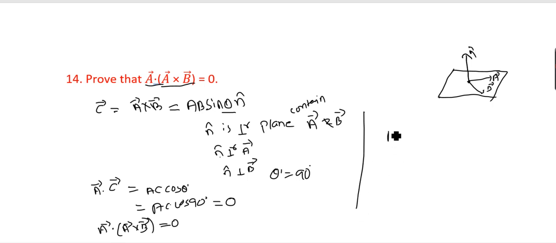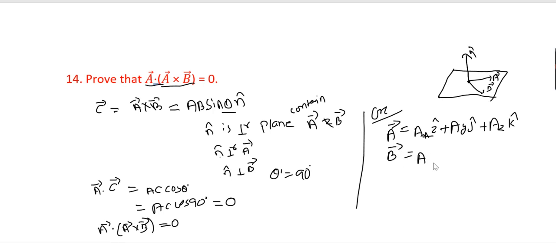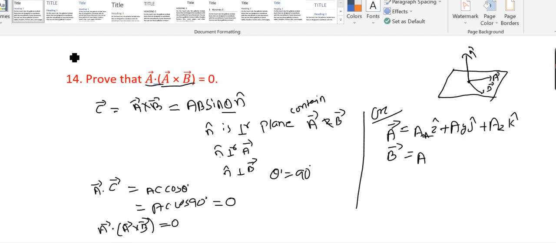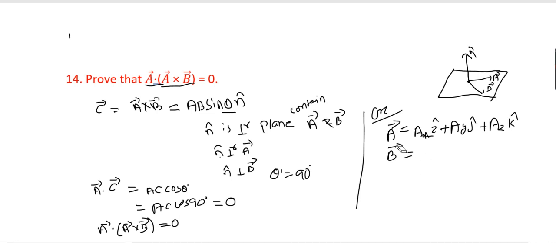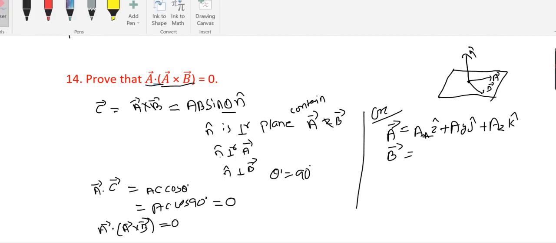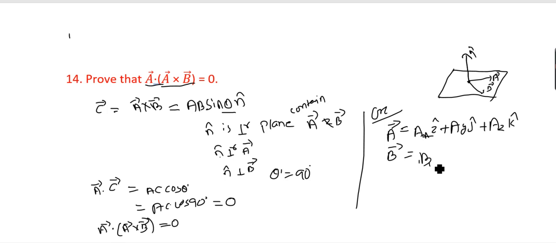By another method, let A vector be Ax i cap plus Ay j cap plus Az k cap, and B vector be Bx i cap plus By j cap plus Bz k cap.